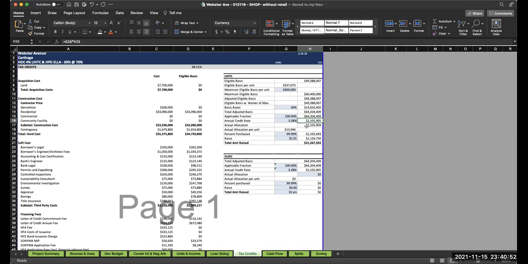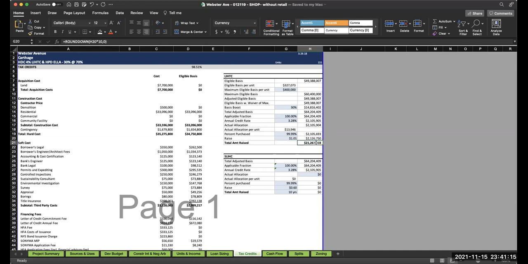So let's say we have a low-income housing tax credit purchaser. They would actually purchase 99% of our tax credits. We as a sponsor would keep 0.01%. So that means if they paid $1 for each one of those credits, they pay $1 by the 2.1 million.